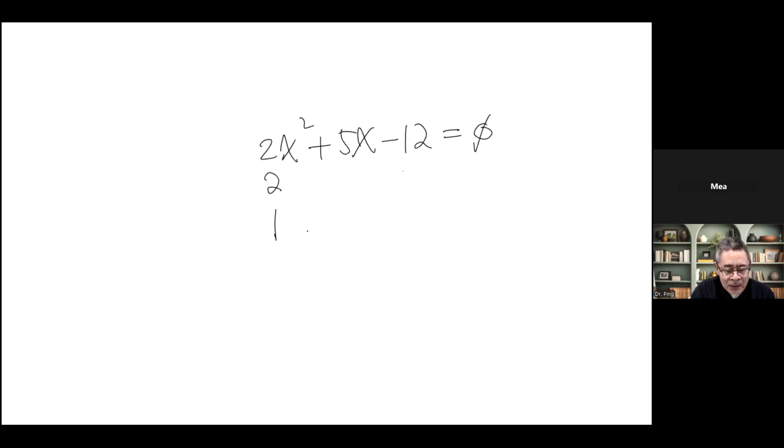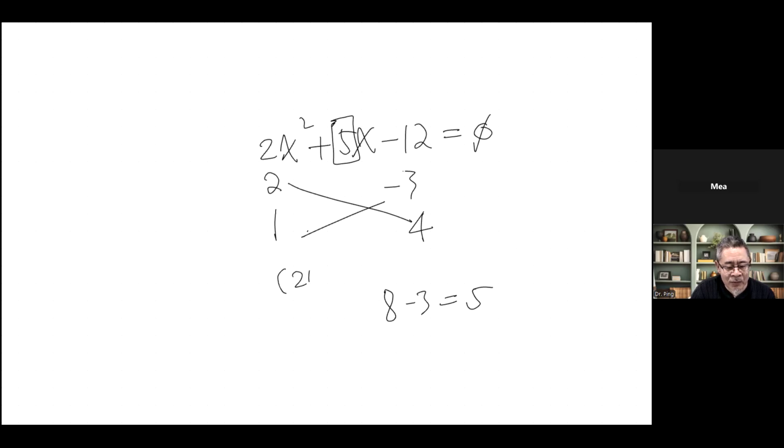You can see that 2 times 4 is 8, 1 times negative 3, and the sum is 5, which is exactly the middle number. So we know we got this right. That becomes 2x minus 3 times x plus 4.